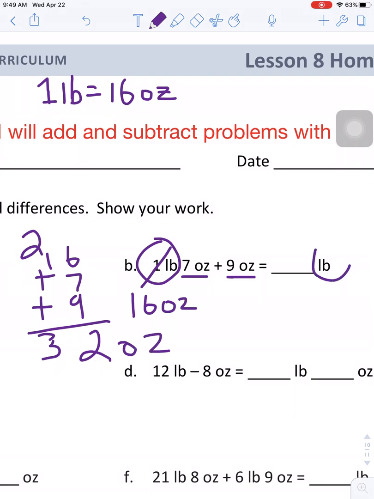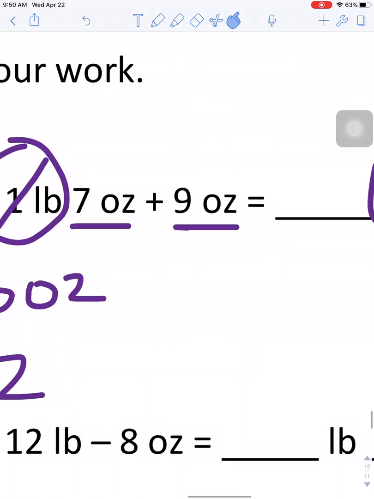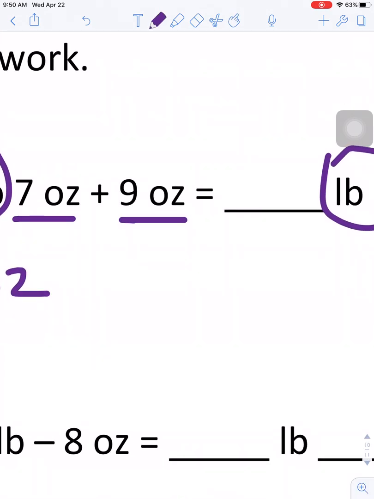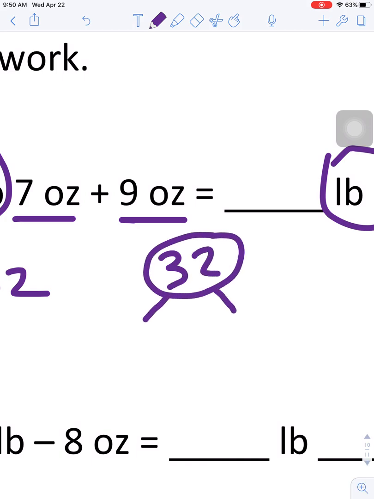Now again, my problem is not asking for it to be in ounces, it's asking for it to be in pounds. I need to determine how many times I can pull out 16 from 32. Well, let me zoom in here and get a little bit more space. So 32, how many 16s can I pull out? Well, I know I can pull out at least one. What is 16 plus 16 equal?